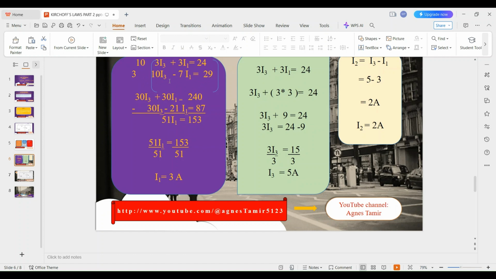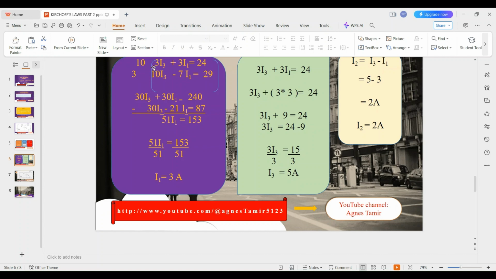For my case, I will use the elimination method. I want to eliminate I3. Therefore, in equation 2, I will multiply by 10, and in equation 4, I'll multiply by 3.